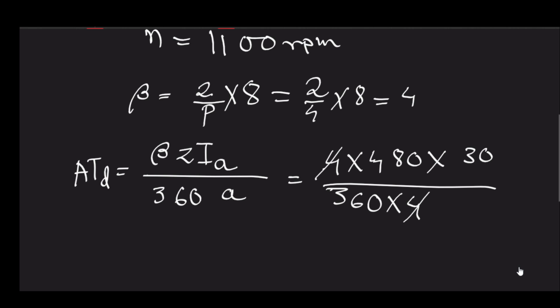So what you will get here is 40 ampere turn per pole.